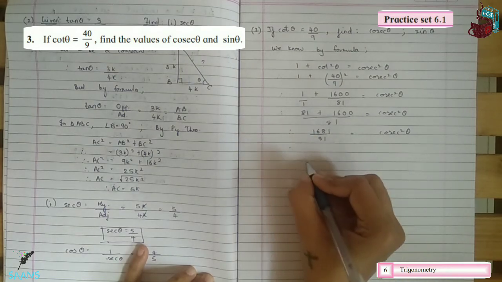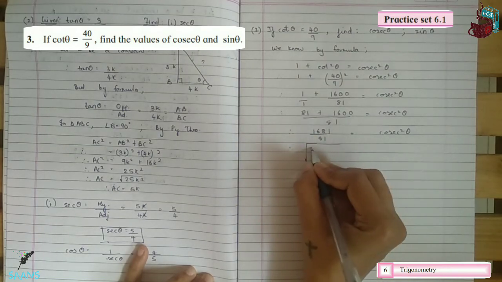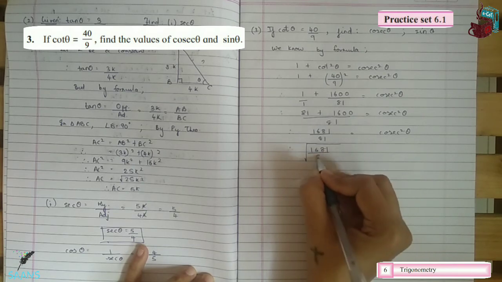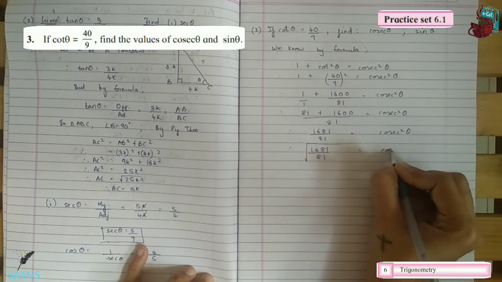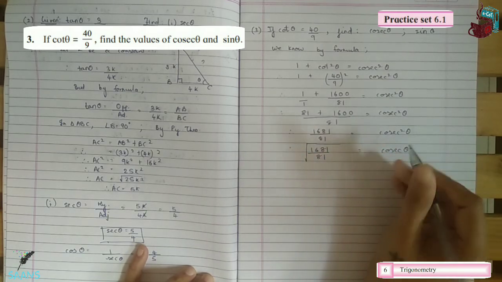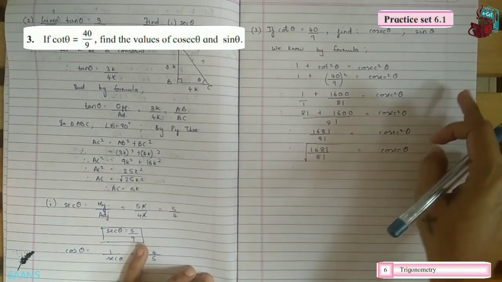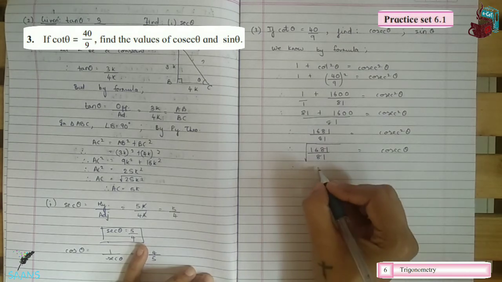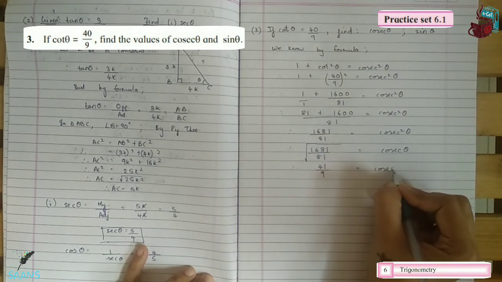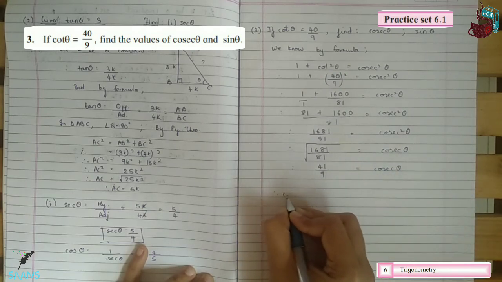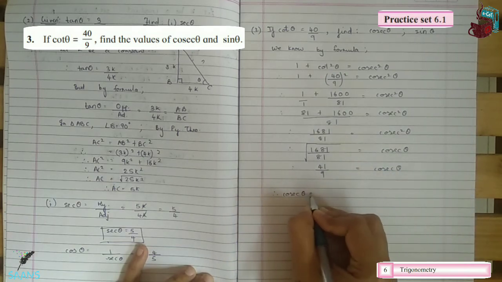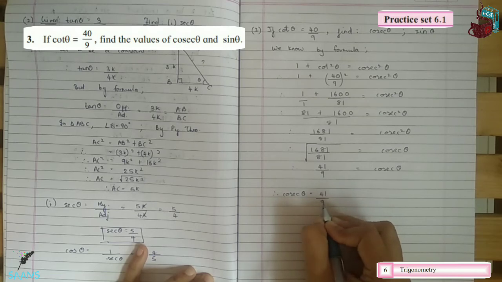So therefore, under root 1681 upon 81 is equal to cosec theta. Either take the square root on the right hand side, or I already know the answer, 41 upon 9 is equal to cosec theta. Therefore, cosec theta is equal to 41 upon 9.